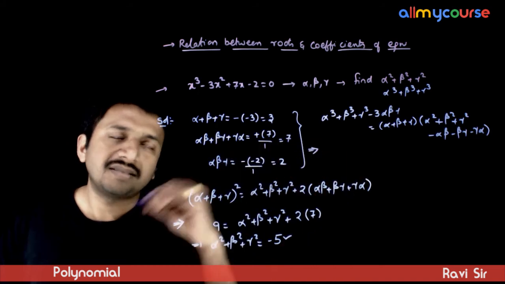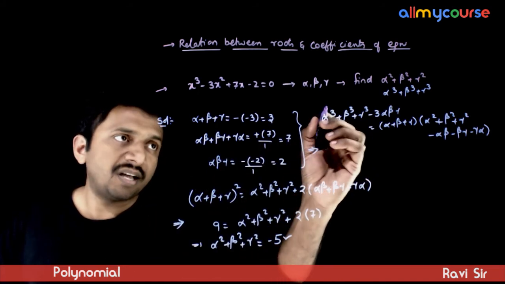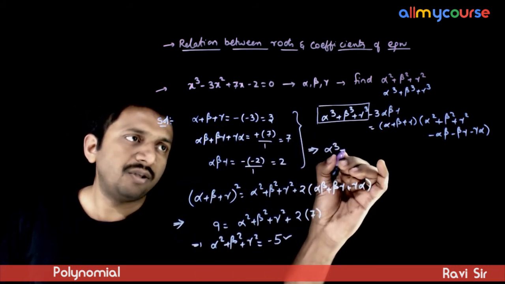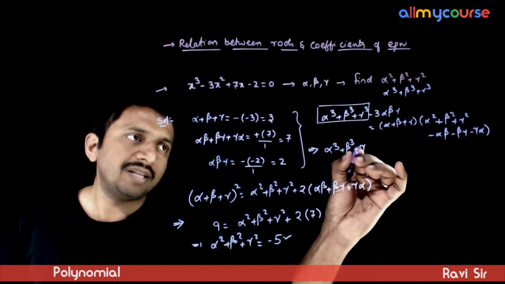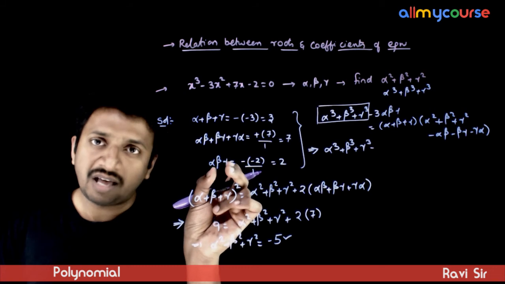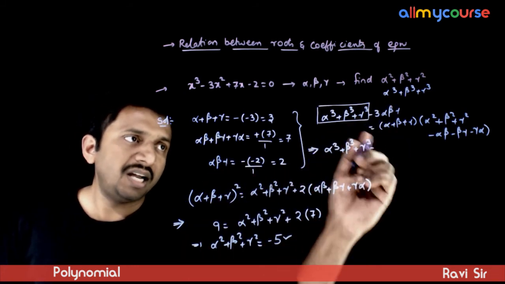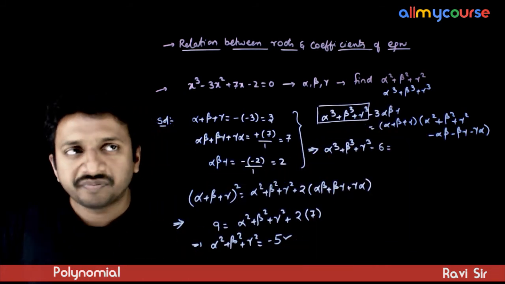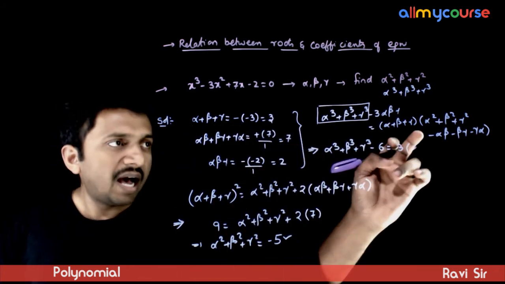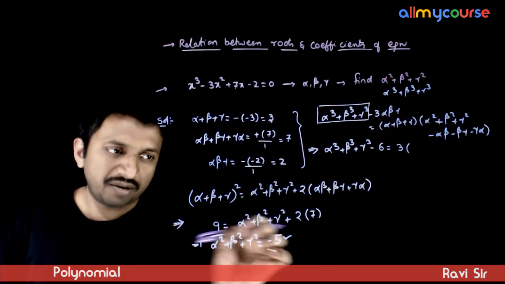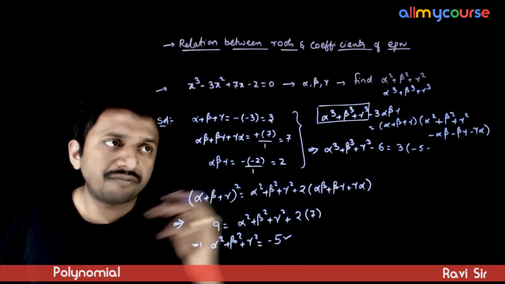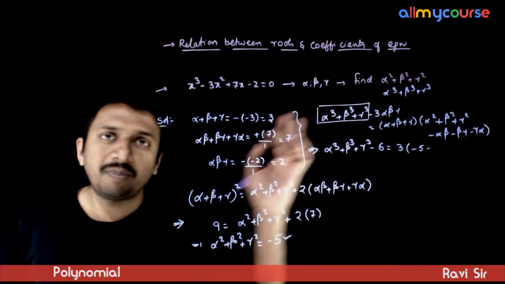So this implies alpha cube plus beta cube plus gamma cube, this is what we need to find out. Alpha cube plus beta cube plus gamma cube minus 3 alpha beta gamma, alpha beta gamma is 2, minus 3 into 2 is 6, is equal to alpha plus beta plus gamma, 3, times alpha square plus beta square plus gamma square, I've already found it, minus 5, minus of alpha beta plus beta gamma plus gamma alpha.